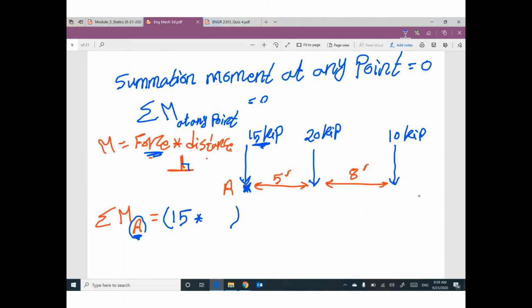Your force is vertical, so your distance must be horizontal. Any answer? What is the horizontal distance between force 15 and your point A?